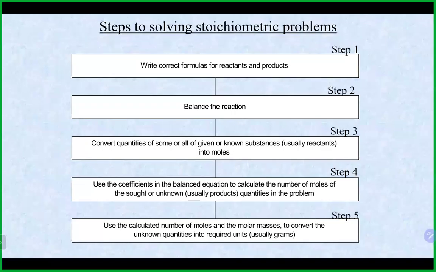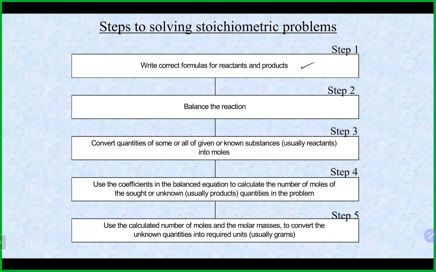There are several steps to follow in a basic stoichiometry problem, and a lot of times I would say that perhaps the first one's kind of done for you. But just in case it's not, a reminder that if you have everybody in words and they're telling you in words how the reaction is happening, you want to make sure that you first start off with the correct formulas, just like you're doing naming.